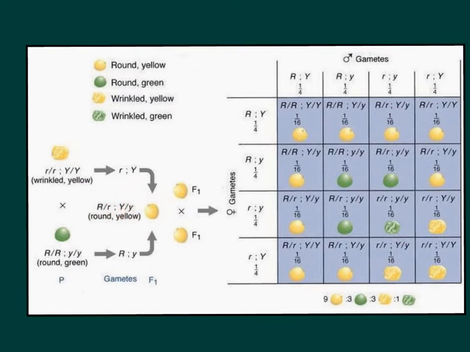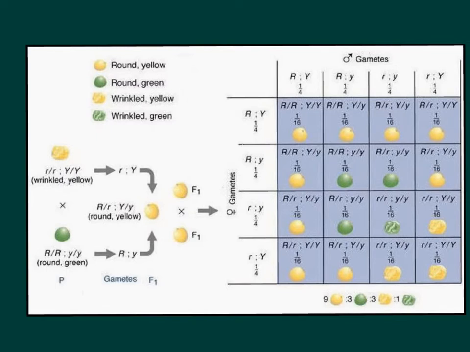So once you cross these two heterozygous parents, you're going to get certain types of gametes. Which gametes are you going to have when you cross big R, little r, and big Y, little y? Well, you have to consider what the possibilities are. Now, I like to think of the idea of factoring.